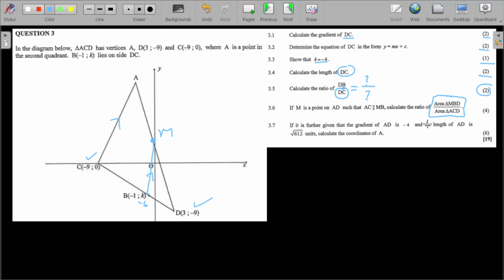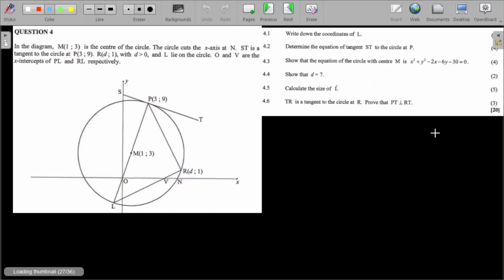We have a gradient on the same line, and we have the length of AD. That simultaneous equation has to play here. Hopefully we did find the coordinate of A using simultaneous equations, because the question is telling me that simultaneous equations need to happen, since both of these things are on the same line.